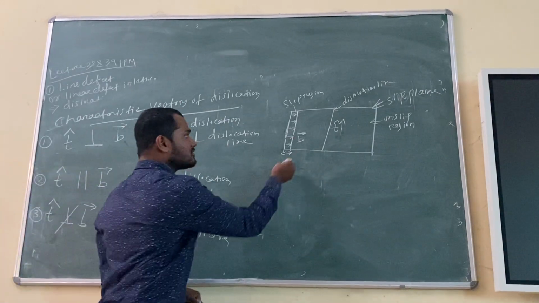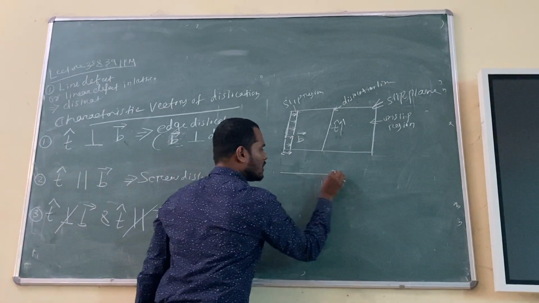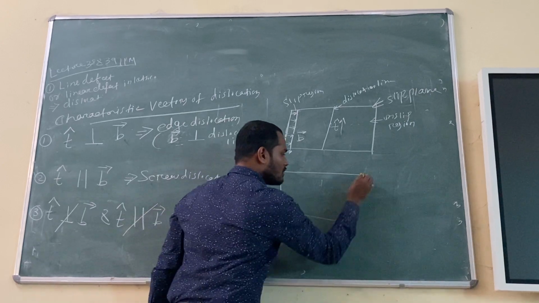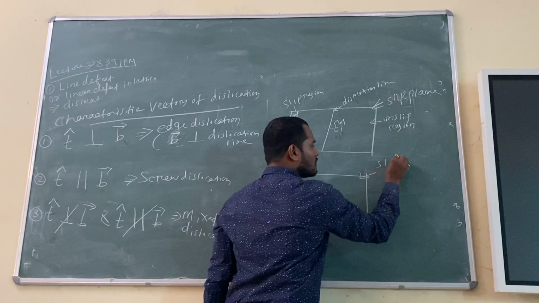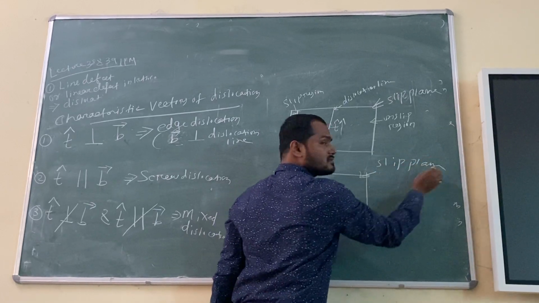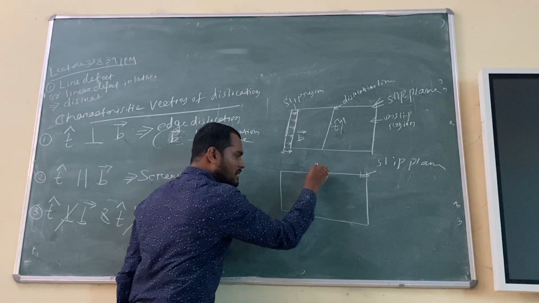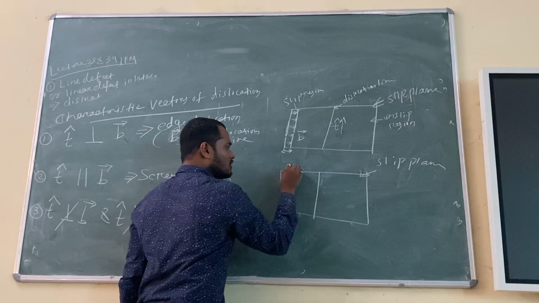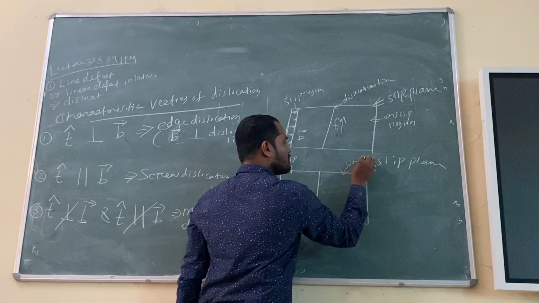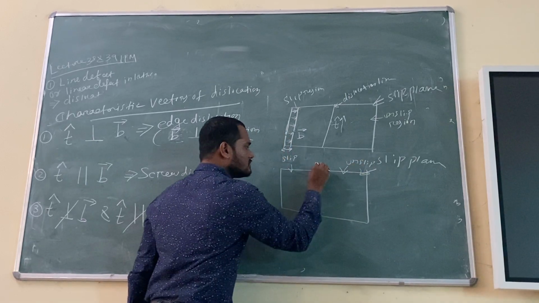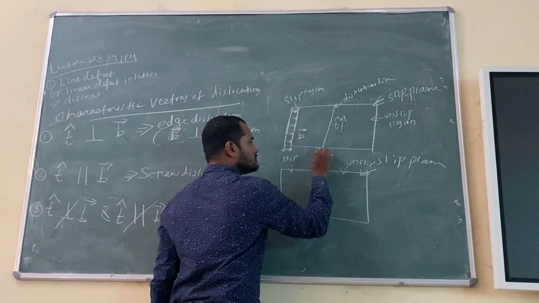Okay, but I want to show you this one now. So again I have to draw this one quickly. First of all you have to draw what? The slip plane, right? So the slip plane is this, and you have a slip and unslip region. This is your slip region and this is unslip, right? And this one is the dislocation line.